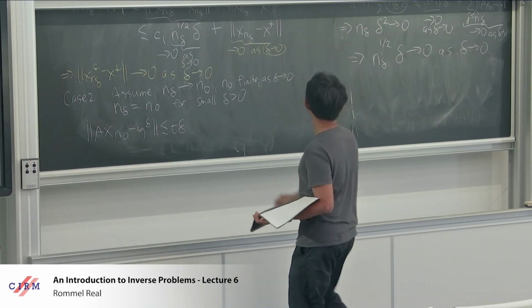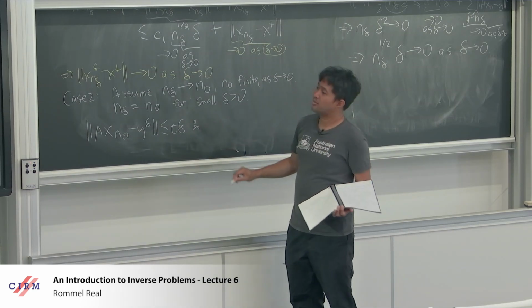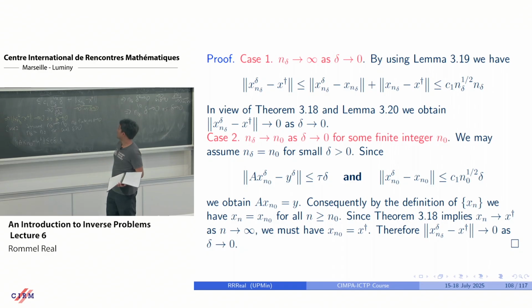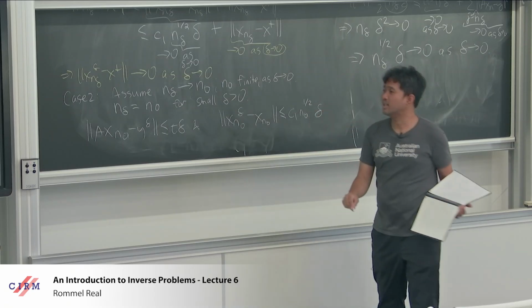And also, from the previous lemma, Lemma 3.20, we can compute the error: x sub n sub O delta minus x sub n O is less than or equal to that term over there times delta. Okay.